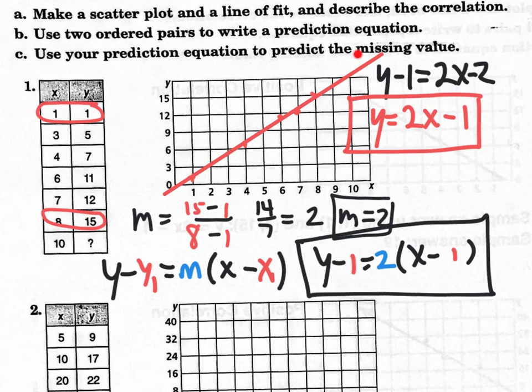Now, with your visual, you could actually see 10, and it looks like it's somewhere about 20, but according to the actual equation, y equals 2x minus 1 that we actually made, let's plug in 10. It's going to be y equals 2 times 10 minus 1, and that will give you an output of 19. So this answer right here is actually 19. You get it? I hope you do.